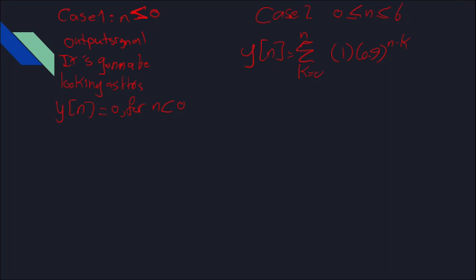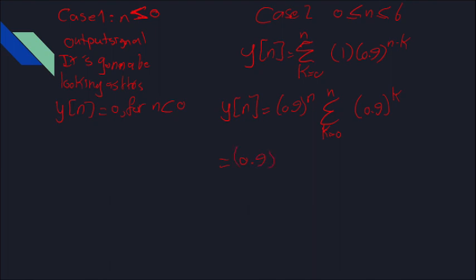This expression can be simplified by factoring out the common term 0.9 to the power of n, and we end with y of n equal to 0.9 to the n times the summation from k equals 0 to n of 0.9 to the minus k.